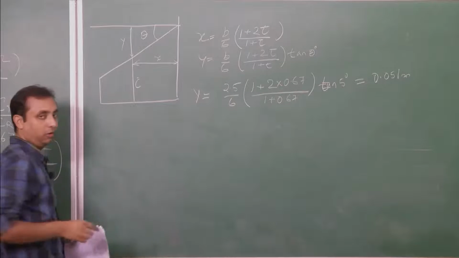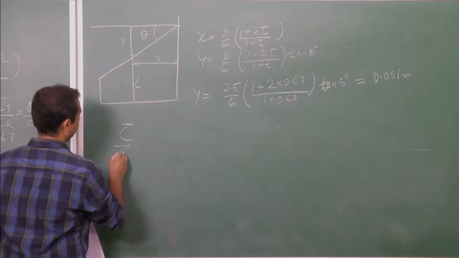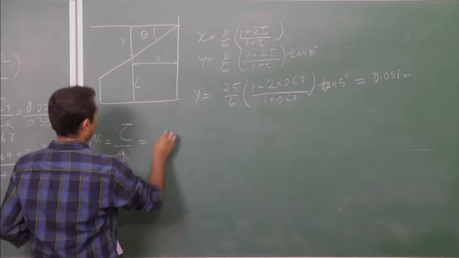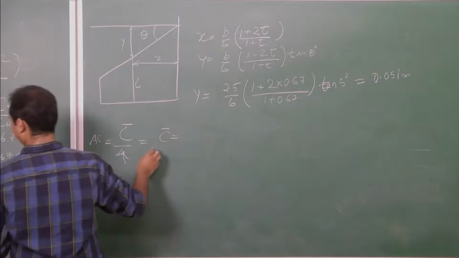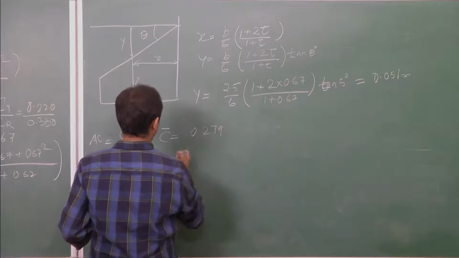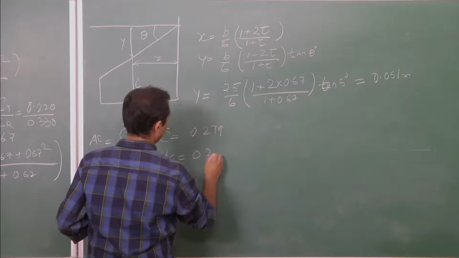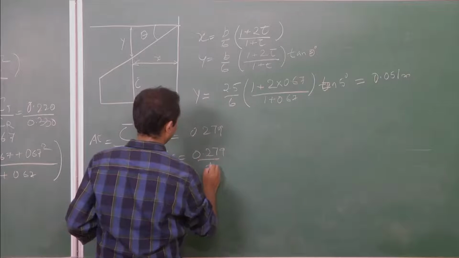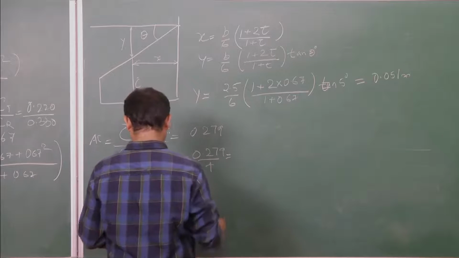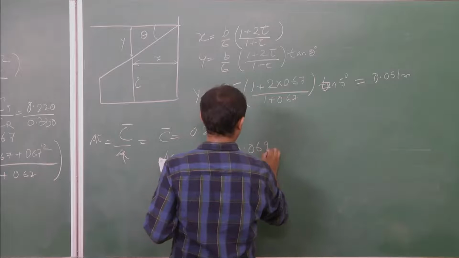As you know, for aerodynamic center we usually take c by 4 as your aerodynamic center. In our case c was 0.279, so AC will be 0.279 by 4 equals 0.0697.